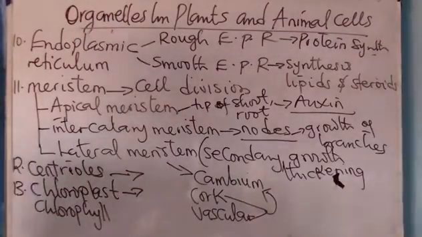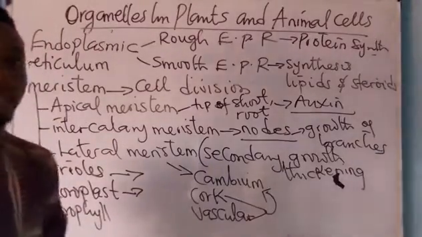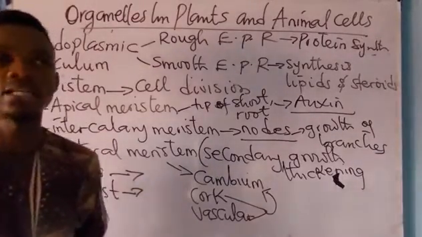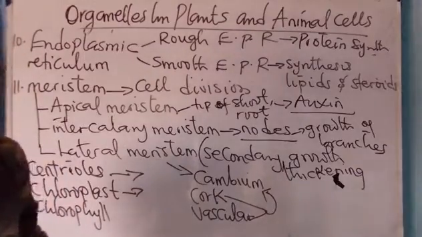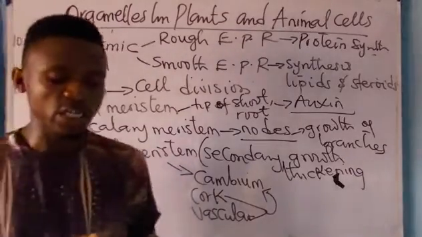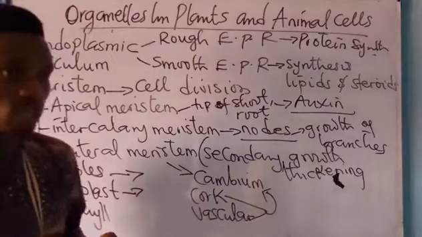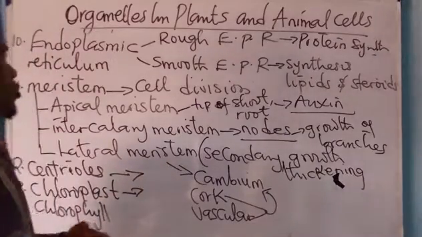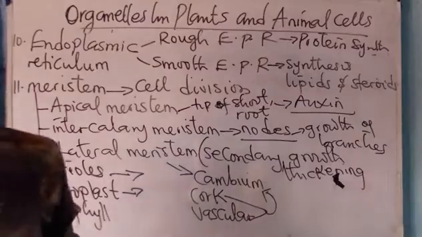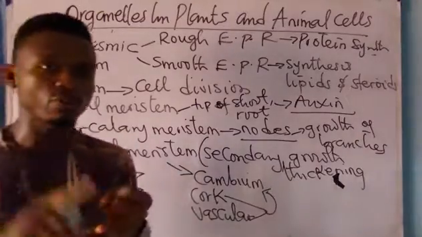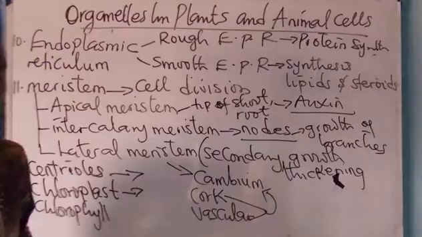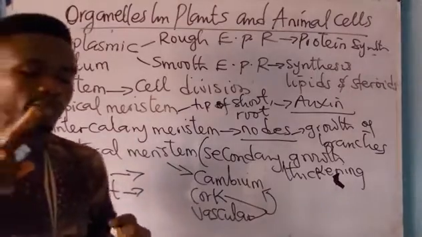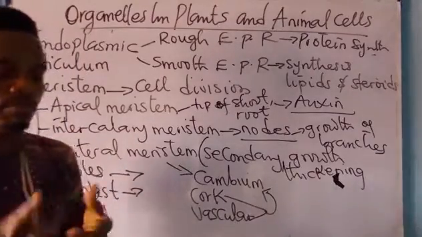So, what are now the similarities between plant and animal cells? That is, what do they have in common? Both of them have ribosomes. Let me not put lysosome because lysosome is not found in all plants. Both of them have ribosomes. They have Golgi bodies. They have endoplasmic reticulum.